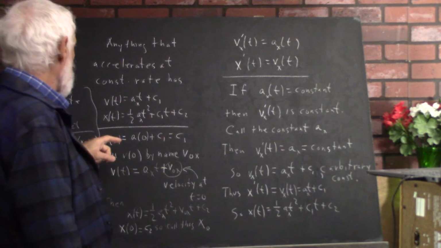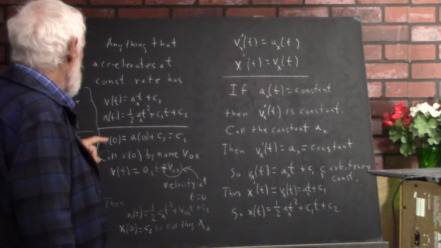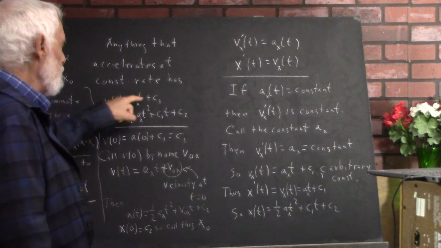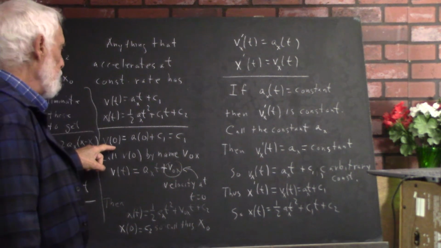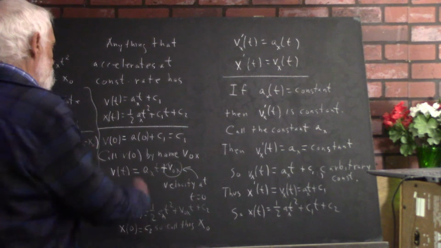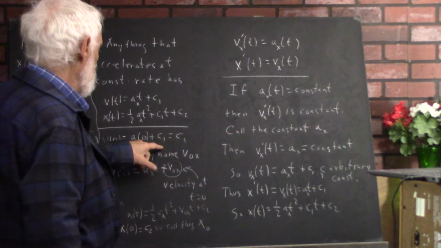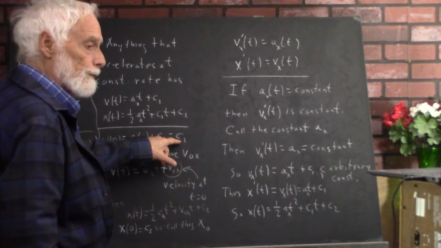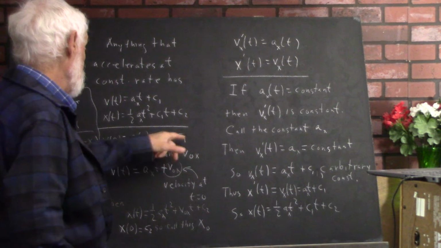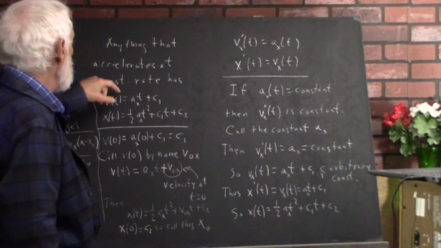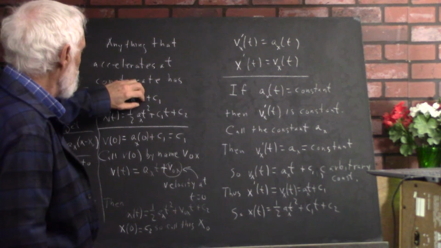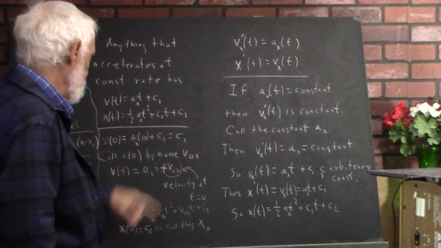Well, if v of t equals this, then v of 0 is a sub x times 0 plus c1, which is just c1, because anything times 0 is 0. I mean, it's obvious if you let t equal 0 that this goes away and you just end up with c1.